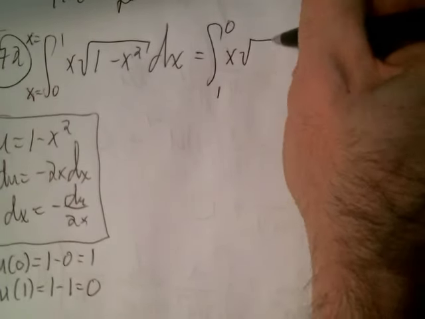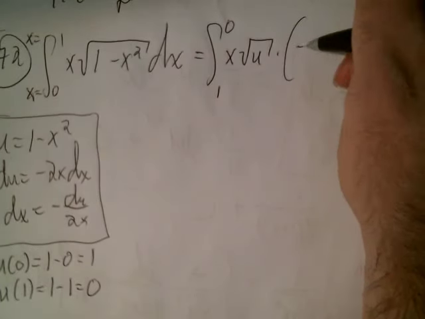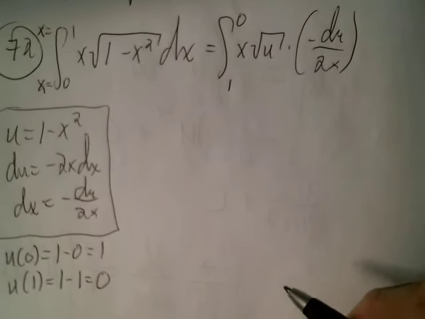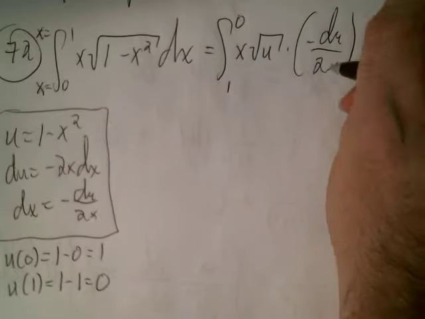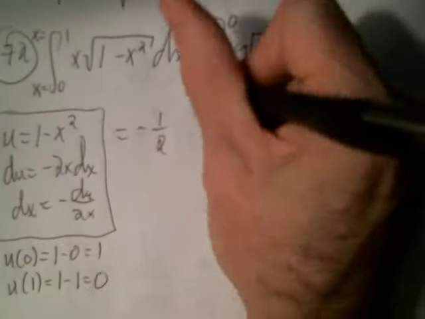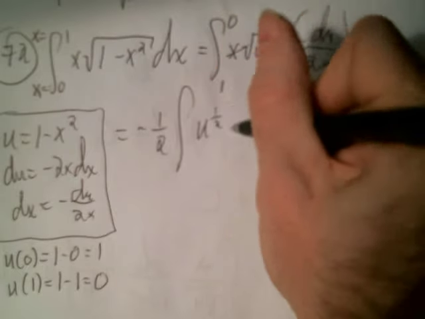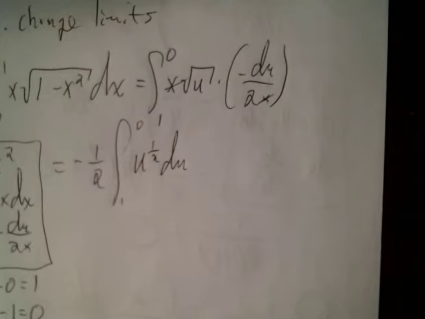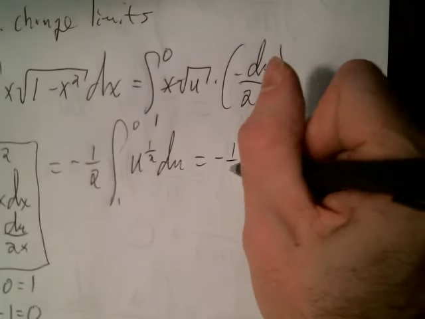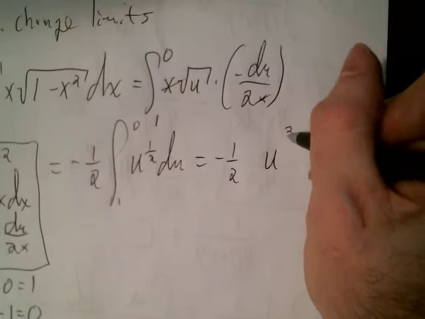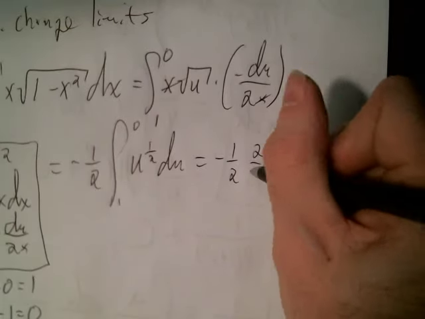We'll have x times the square root of u times dx, which is negative du over 2x. The x's cancel. I could factor out a constant of negative 1/2 times the integral of u to the 1/2 du from 1 to 0. Find its antiderivative, so negative 1/2, u to the 1/2 plus 2/2 is u to the 3/2 times 2/3.